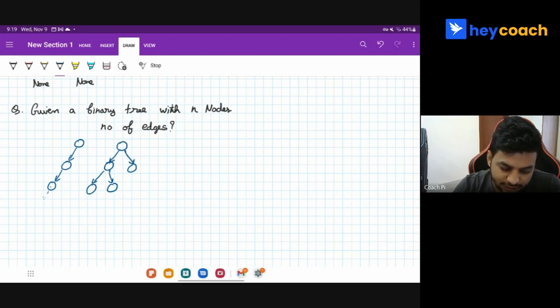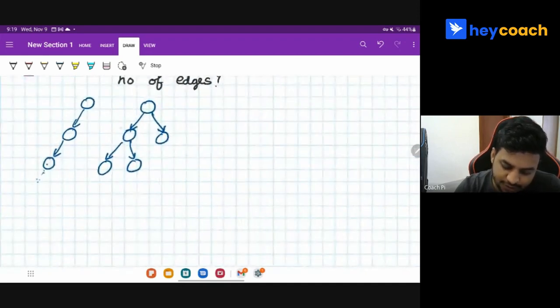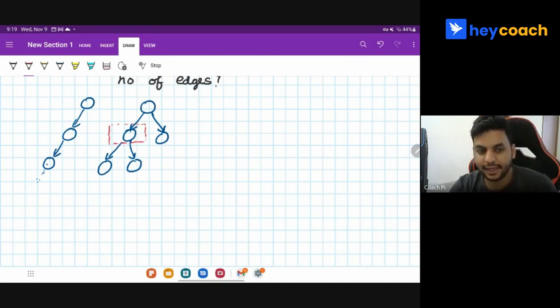So here, if we look at this tree, let's see the property of each node. Let's pick up this particular node. What can we say about the parent-child relationship? When we are talking about edges, we have to talk about the connections between the nodes.